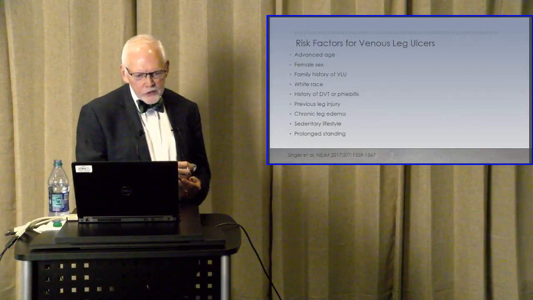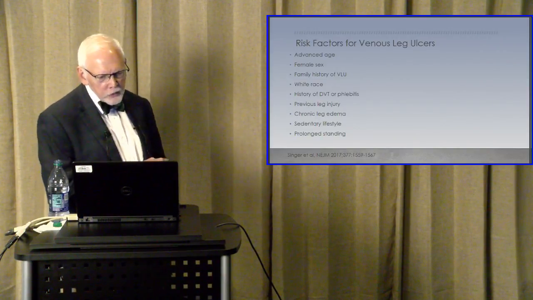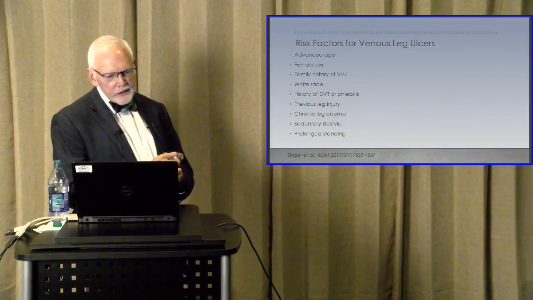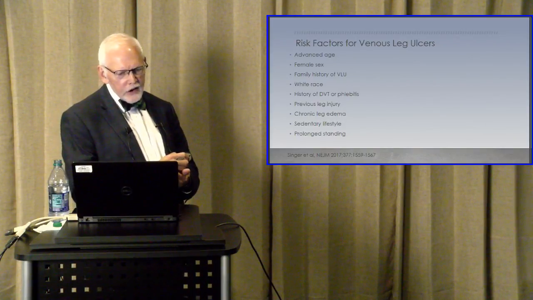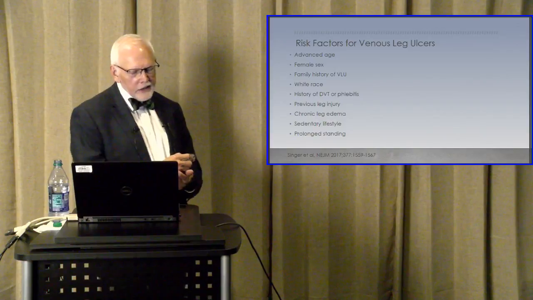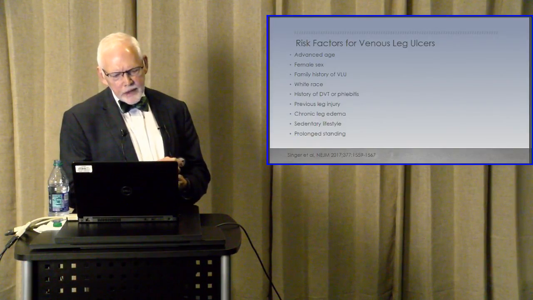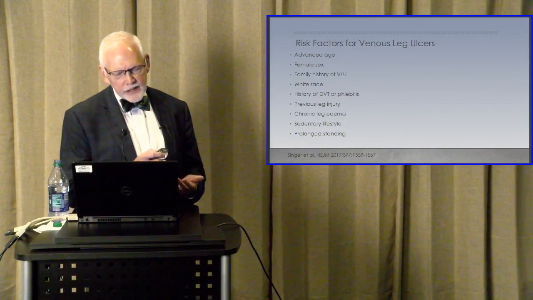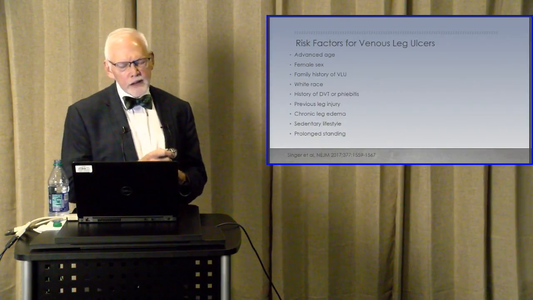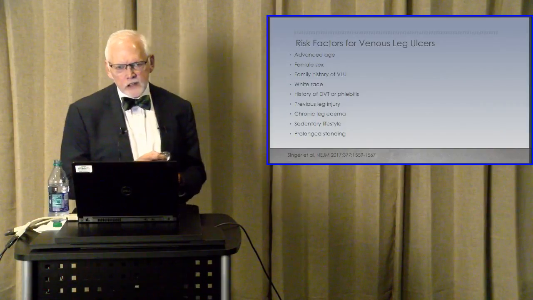Here are risk factors for venous leg ulcers. I won't read those to you, but it's interesting that there are families that tend to have venous disease. And people who have previous leg injury, like I'm seeing a patient right now who got shot in the leg years ago.